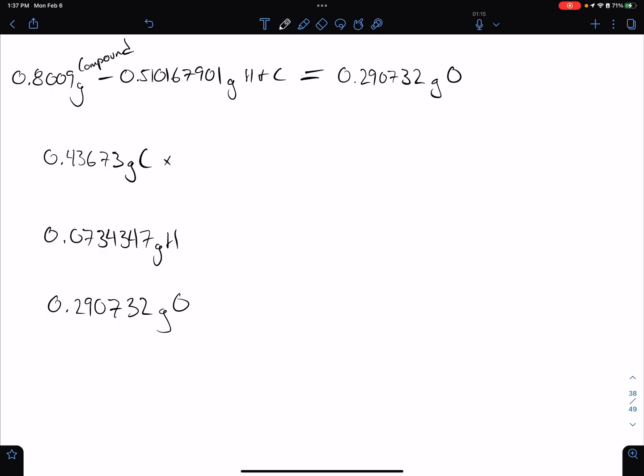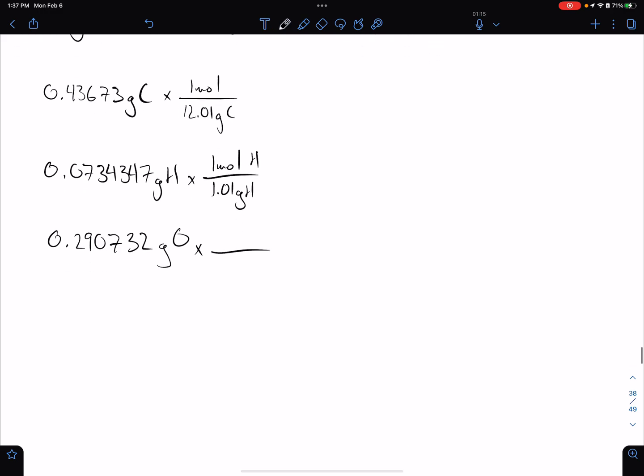Our first step here is we want to convert these into moles. So we'll use the molar masses, 12.01, 1.01, and this is 16.00.